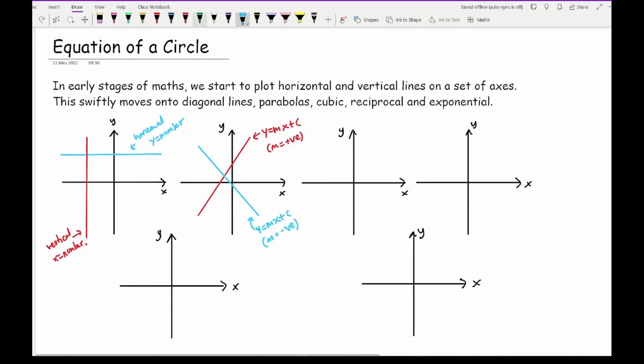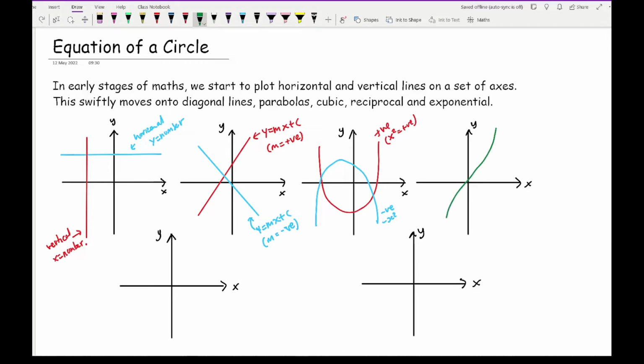And then we start moving on to quadratic graphs, so when we've got a positive parabola, and that's when x squared is positive, or we could have a negative parabola where we have a negative x squared. And that then moves on to more complicated graphs. So we can then move on to cubic graphs.